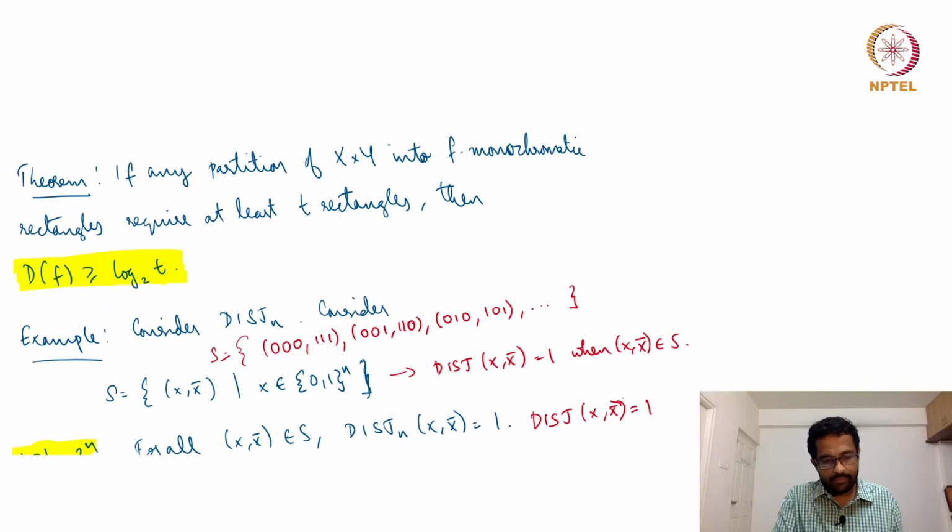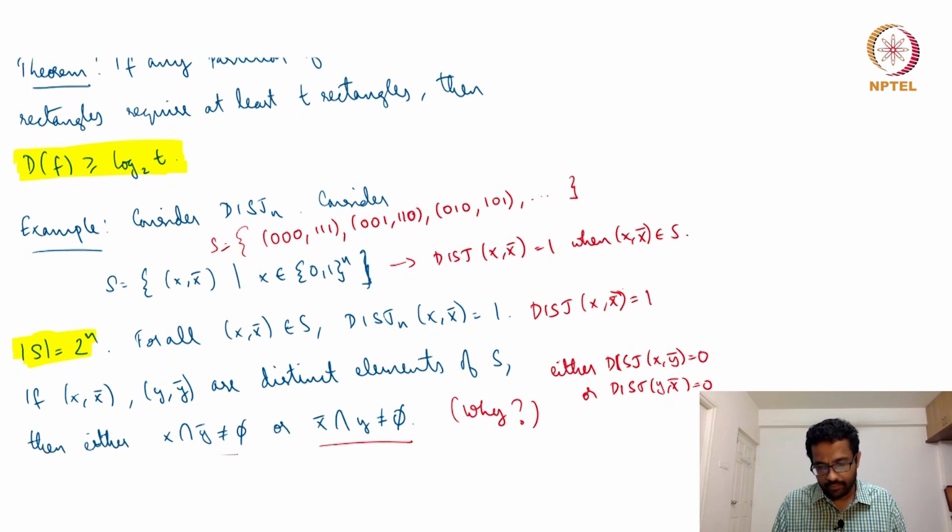So consequently, given a function, look at the matrix. What is the smallest number of ways in which you can divide the matrix into monochromatic rectangles? Suppose it is T, then any protocol must send at least log T bits of communication. Again, it is exactly the same argument as what we saw.